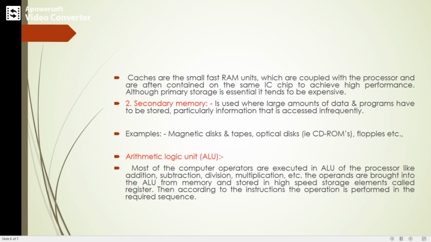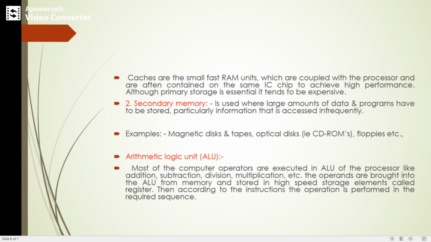Each and every time the user cannot access the data from the main memory, so to avoid this we keep a small set of information stored within the RAM unit, which is called cache memory.